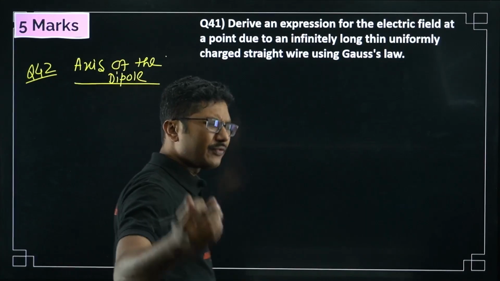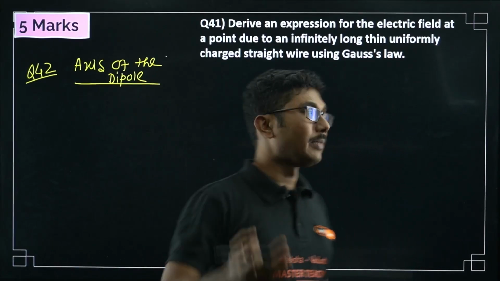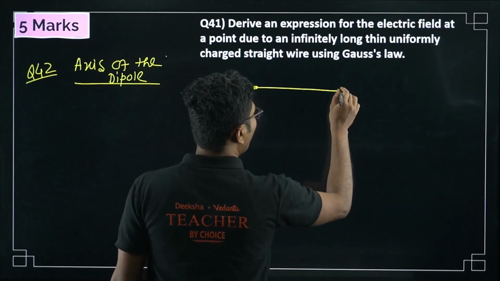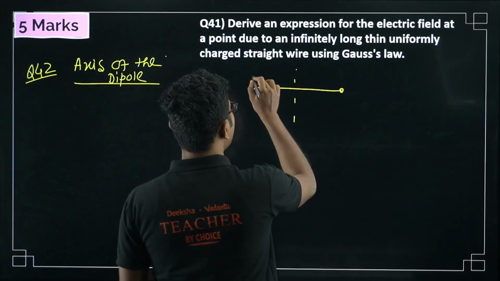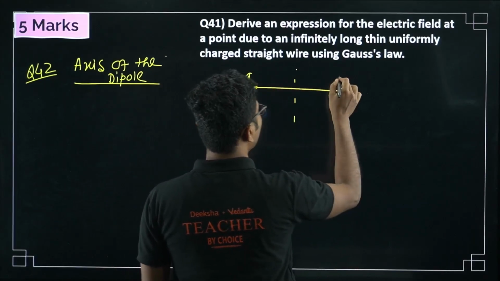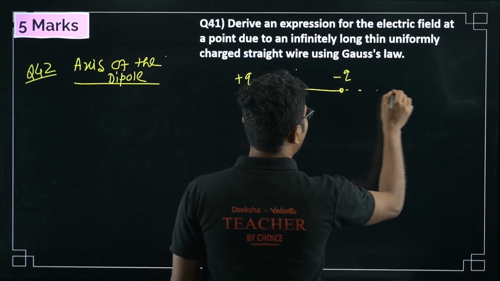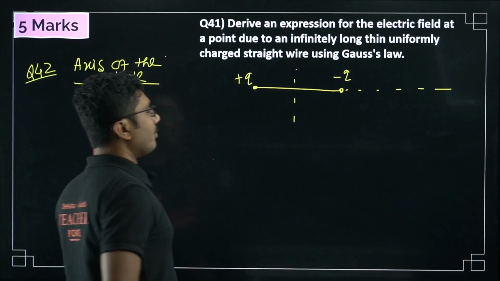There are very few occasions where the perpendicular bisector or the equatorial plane also came, but this is the most commonly asked. So for students who want to pass, obviously this is the question they are expecting, because it is coming almost every year, and last year also I think this came. So this is the most commonly asked question.